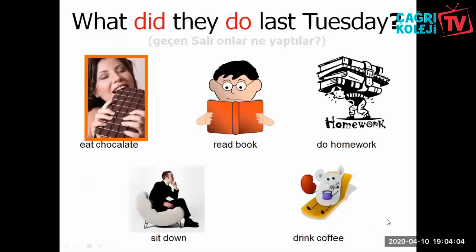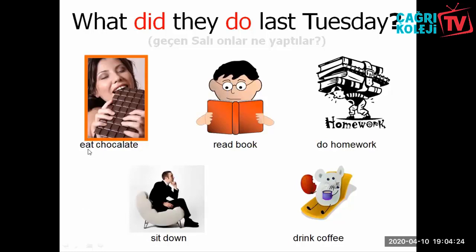Now, what did they do last Tuesday? Here, please pause the video and focus on the verbs eat, read, do, drink, sit. Do you remember the second form, the past form, of these verbs?